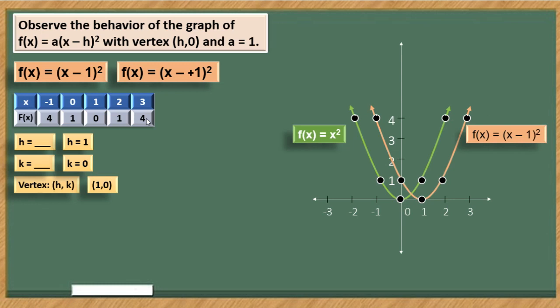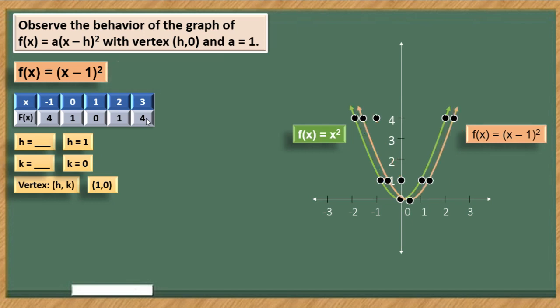Now, let us observe. Do you think the two graphs are identical? Let us find out if the two graphs are identical. Yes?